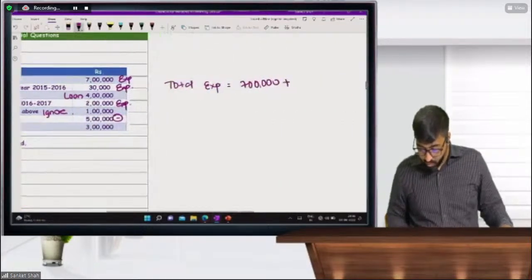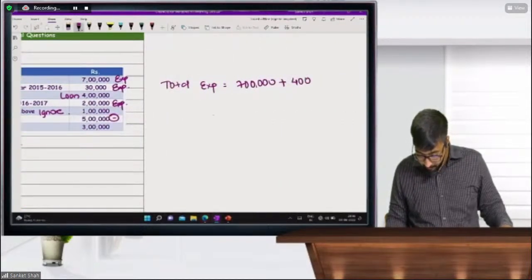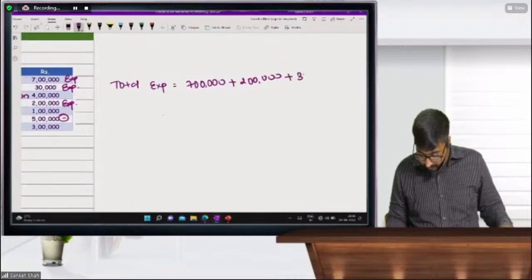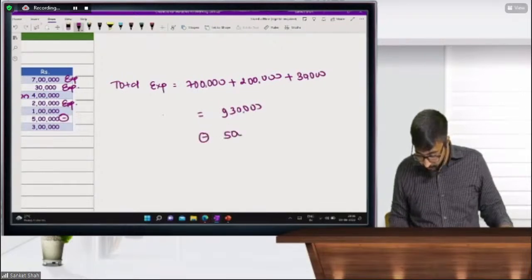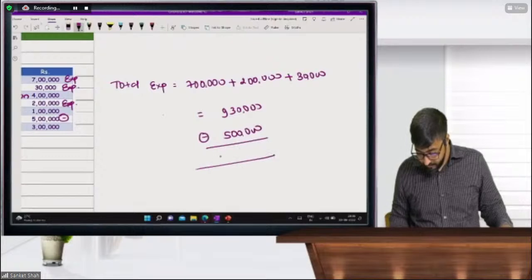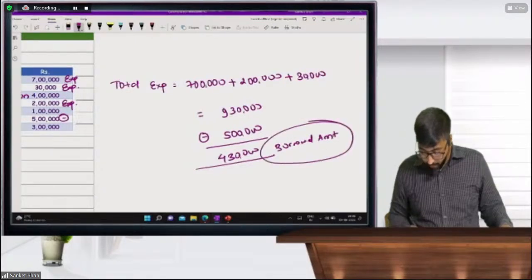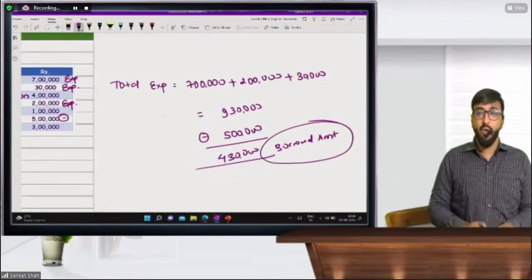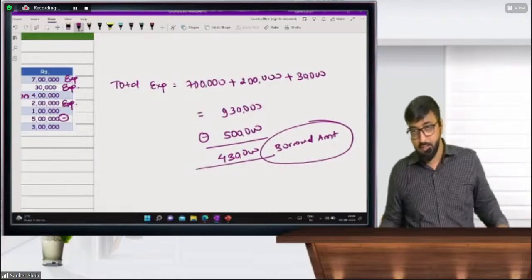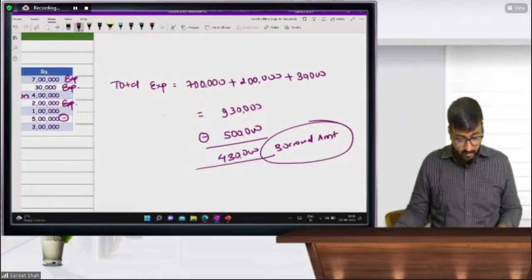So total expenditure is 7 lakhs plus 2 lakhs plus interest expenditure of 30,000. So your total expenditure is 9,30,000. And the progress payment you received is 5 lakhs. So total borrowed amount is 4,30,000, because you received 5 lakhs rupees and the borrowed amount is 4,30,000.